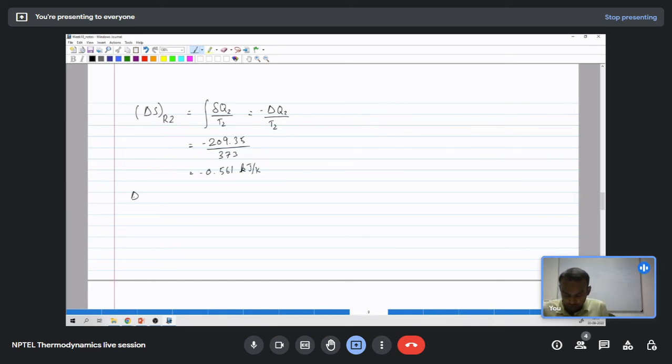Now calculating the change in entropy of the universe, we have change in entropy of the system plus change in entropy of the reservoir 1 plus change in entropy of the reservoir 2.